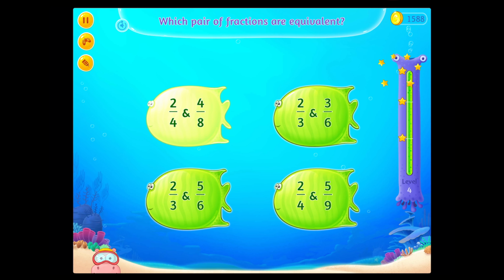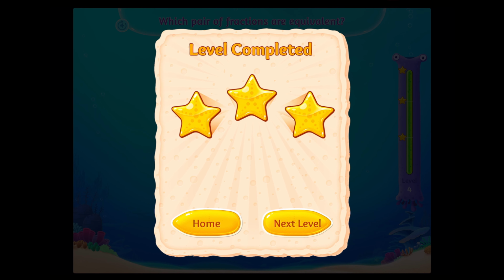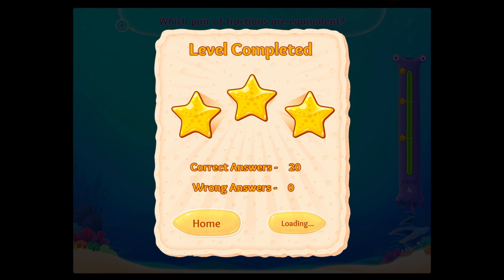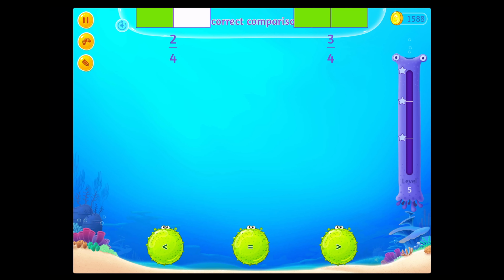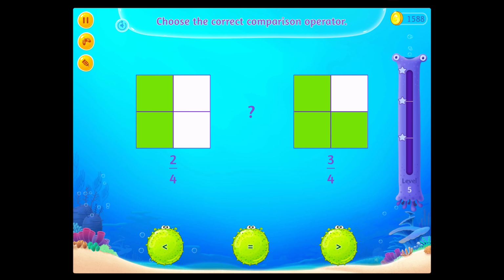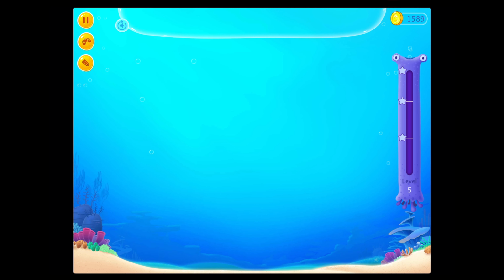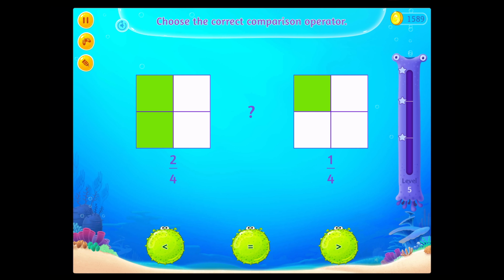You've done it! Choose the correct comparison operator. That's right! Choose the correct comparison operator. Good going!